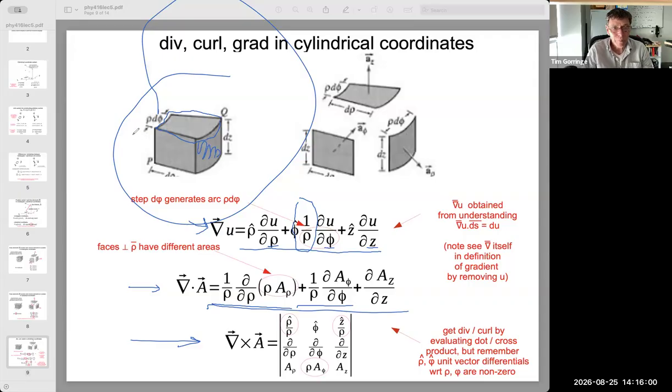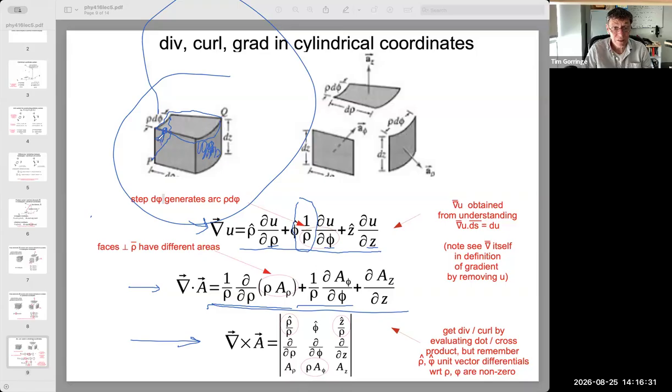So that complicates the calculation of the net flux that's emerging in that direction through this inside face and going to this outside face here. It complicates it because this face on the inside is smaller in area than this face on the outside.